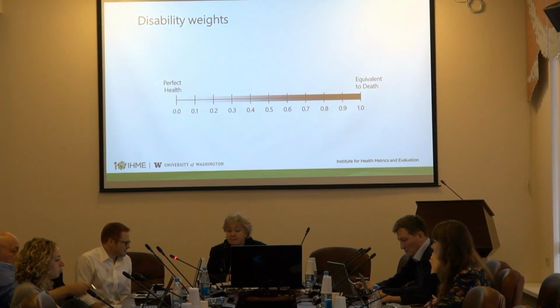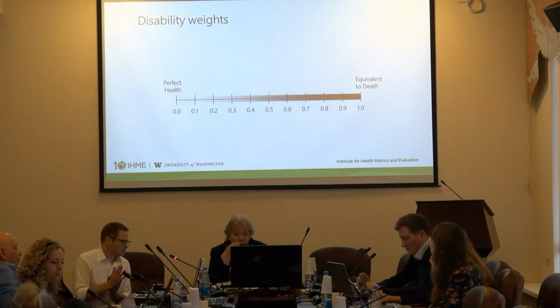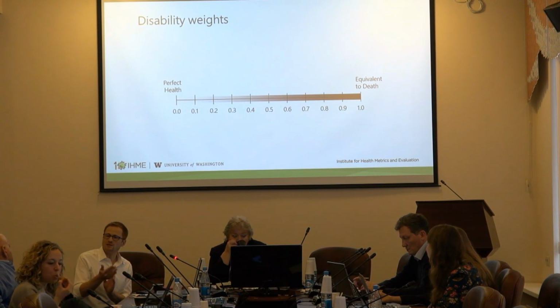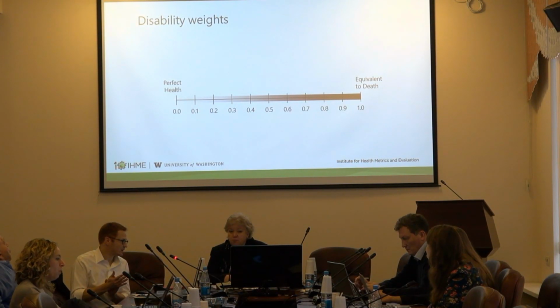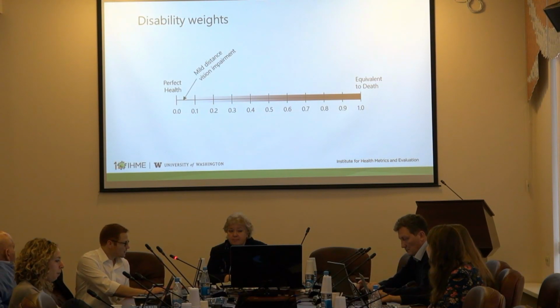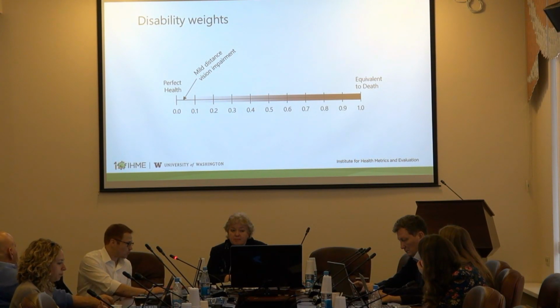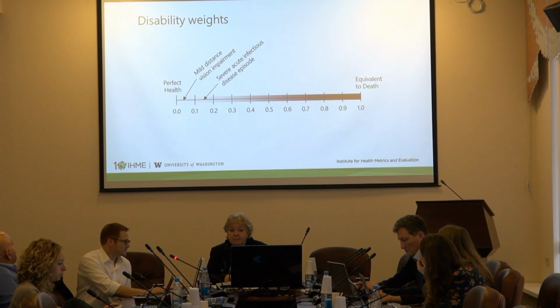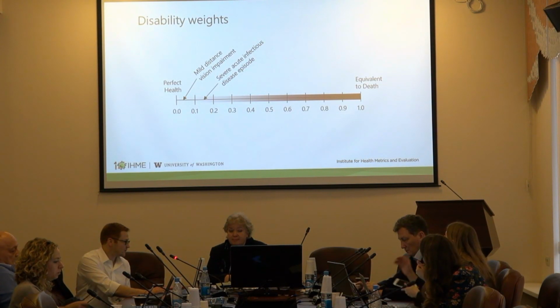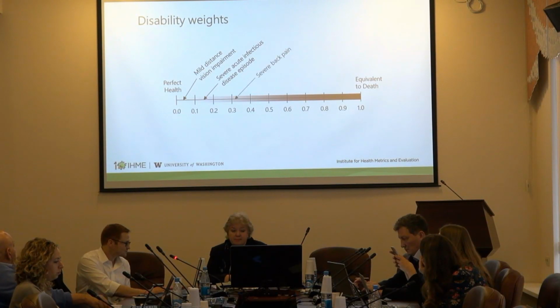So again, these are on a scale of 0 to 1. A disability weight of 1 would be a state equivalent to death. A disability weight of 0 would be no disability at all, perfect health. So we could look along this, and mild distance vision impairment gets a disability weight of about 0.04. Severe acute infectious disease episode gets a disability weight of 0.15.